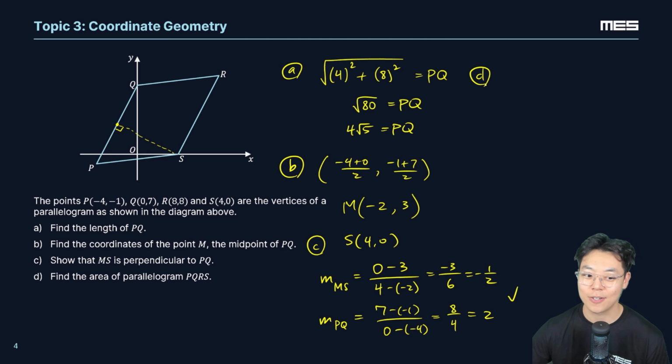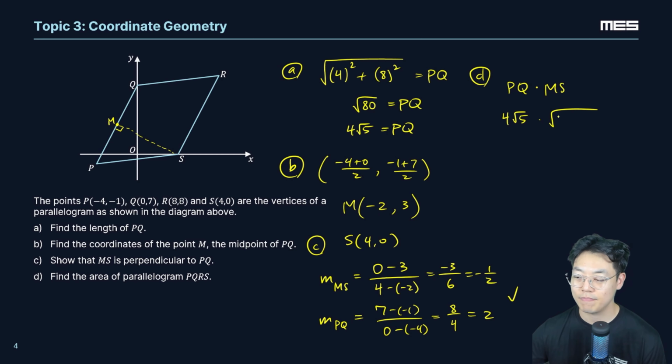Now, because we have that, I can find the distance PQ times the distance of MS, and that will give us the area of this parallelogram. PQ we found was 4 radical 5. MS we can find right now. Between M and S, we have a difference of 6 for the x coordinates, and for the y coordinates, a difference of 3. 6 squared is 36. 3 squared is 9.